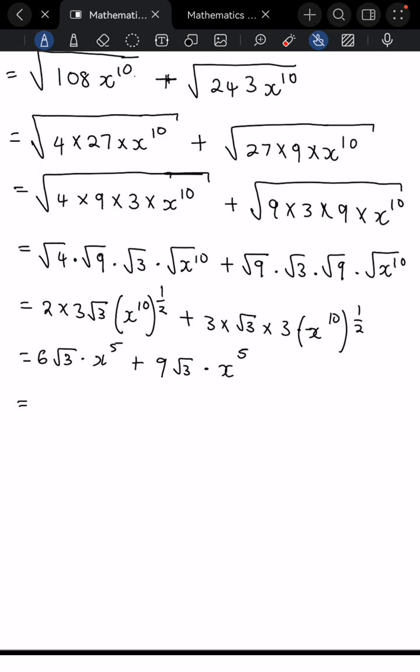And 6 square root of 3 plus 9 square root of 3 is going to be 15 square root of 3 times x raised to the power of 5. The proper way to write it would be 15 x raised to the power of 5 square root of 3. This is the simplified answer if they said simplify.